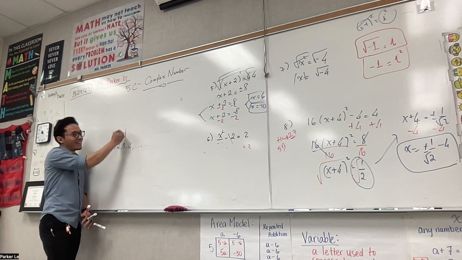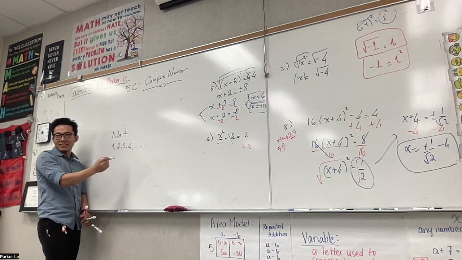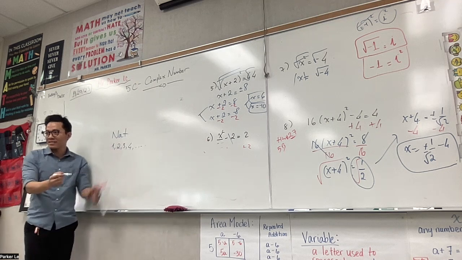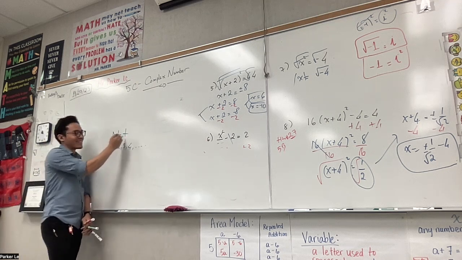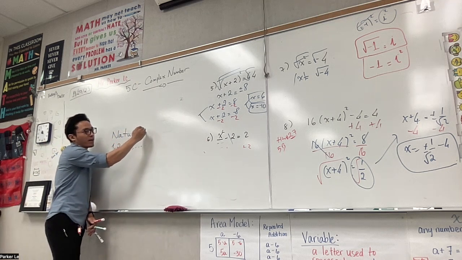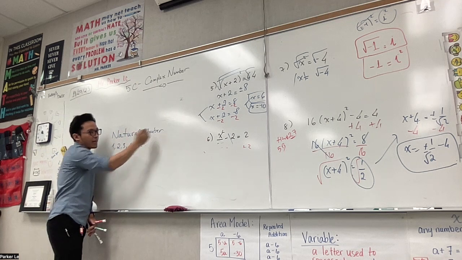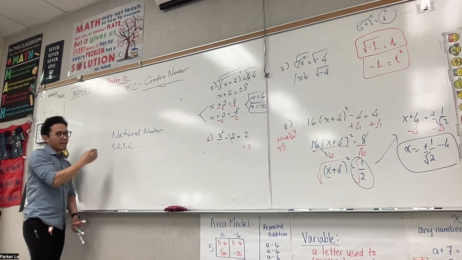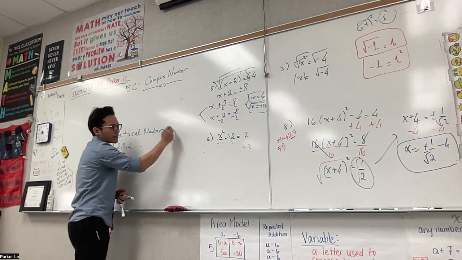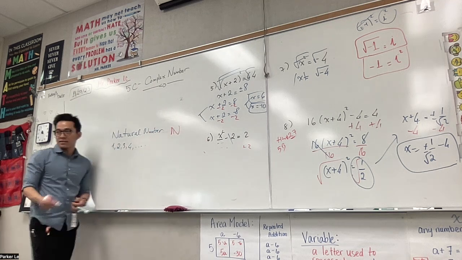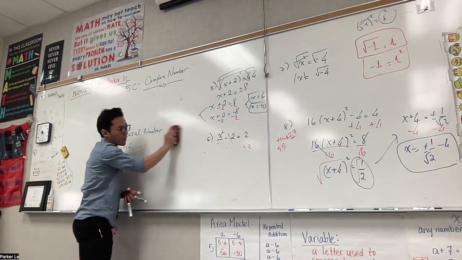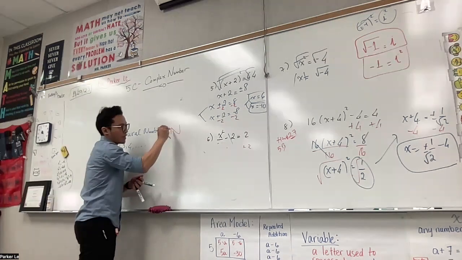They call it the natural number system. They write it like this, a capital N with a line like this.